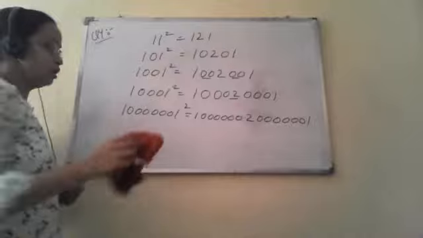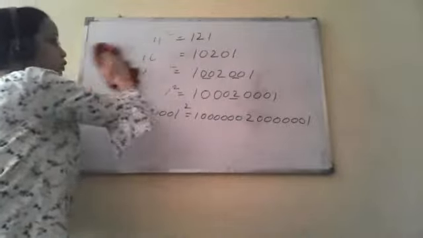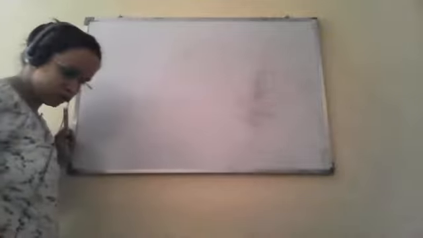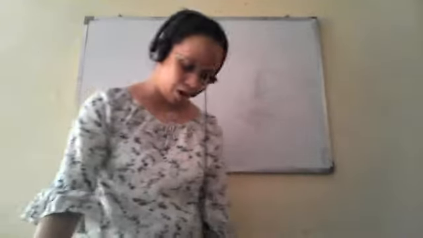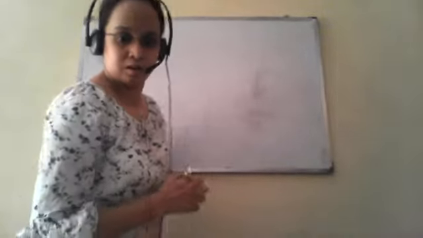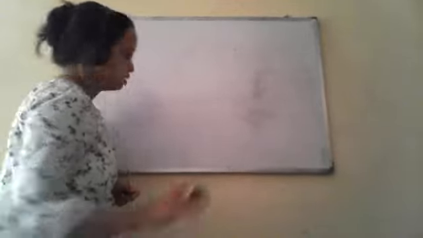Now next question. The next question is almost similar to this. Again you have to observe the pattern and write the missing number. So we'll go with question number 6.